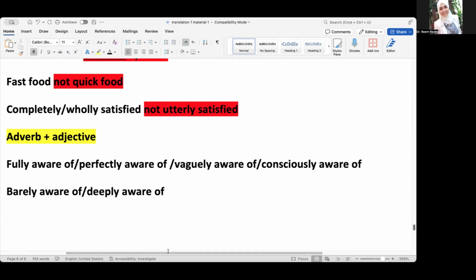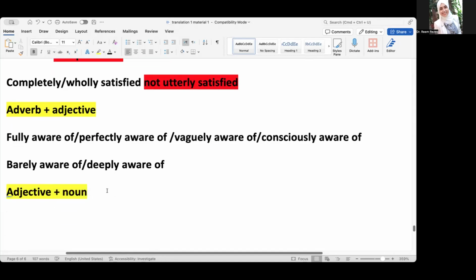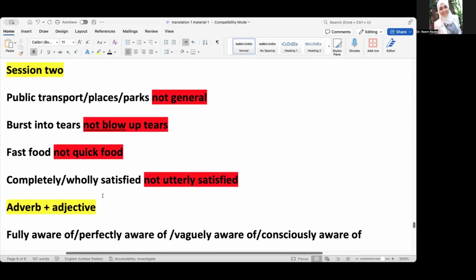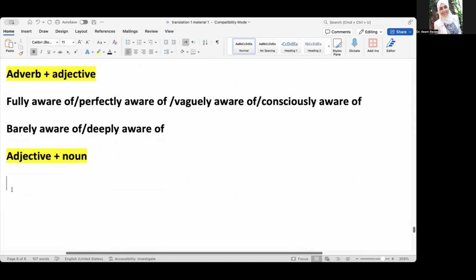Okay. And also we can say adjective with noun. You can write down all of these because it's very, very important for you as a translator and also for the final exam.